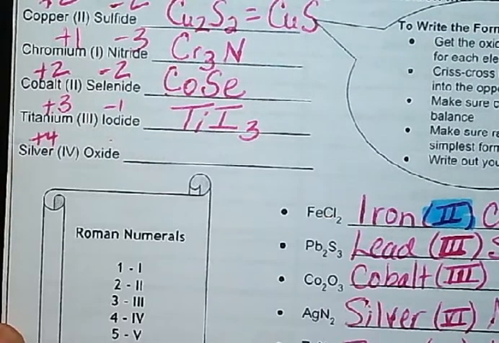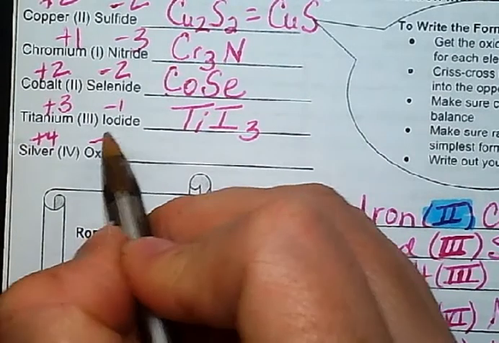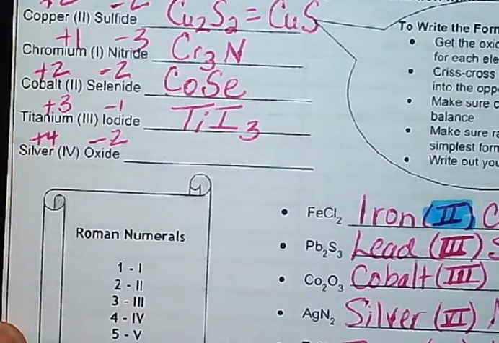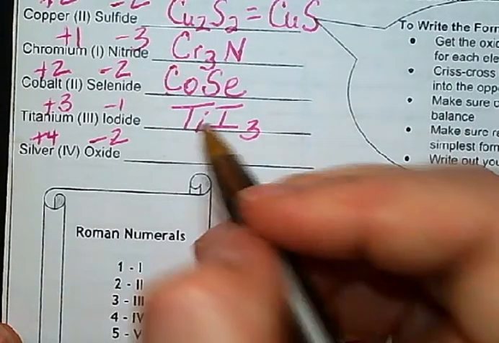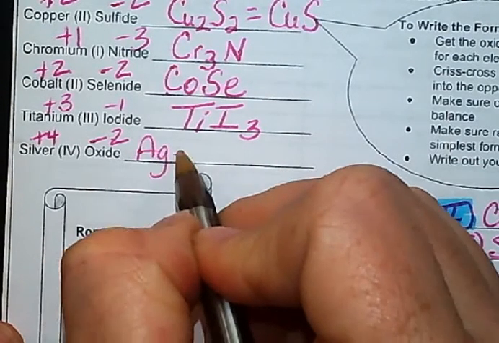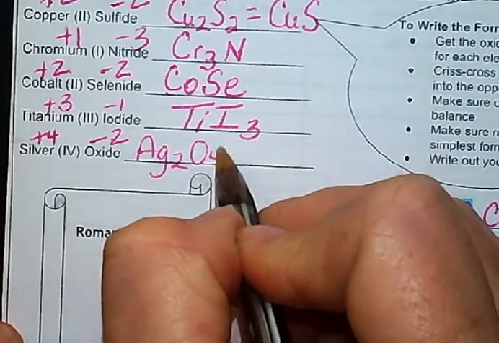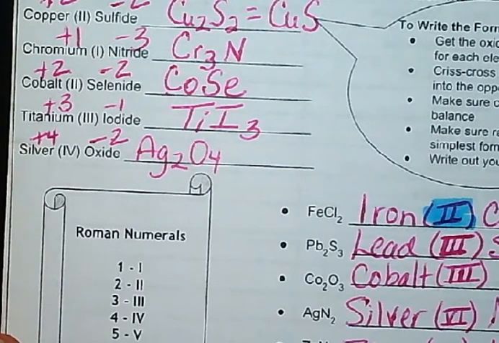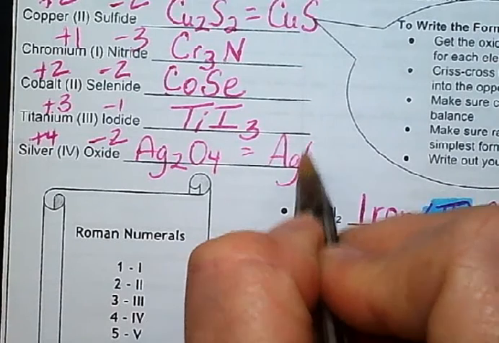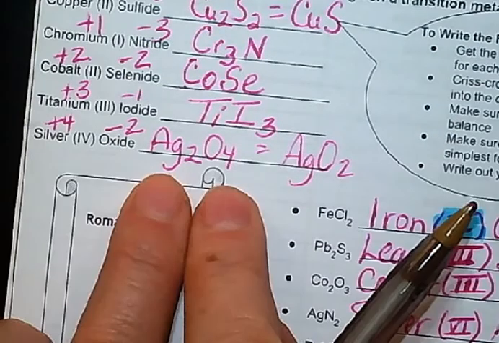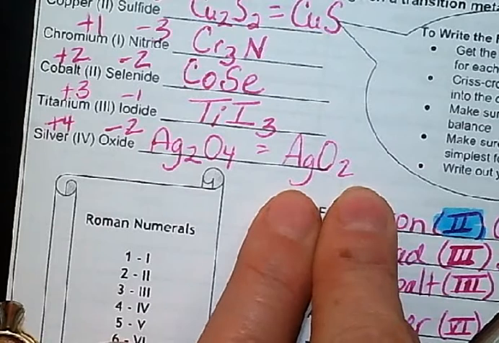IV is 4. 1 before V. And what's oxygen? Negative 2. So crisscross and reduce. So I heard Ag2O4. Can you reduce that? AgO2, because a 2 to 4 ratio will reduce to a 1 to 2 ratio, and you're good to go.